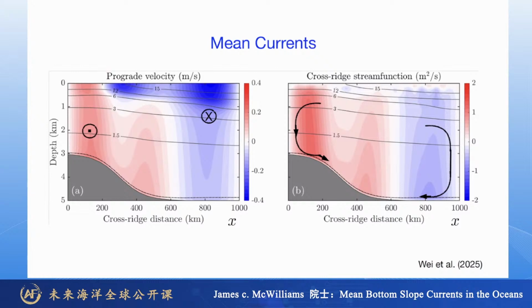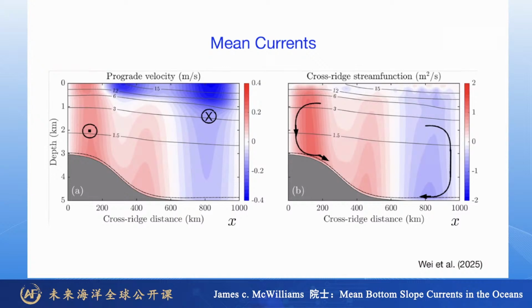And what you see is bottom intensified prograde flow over the topographic slope with a compensating reverse flow over the flat part of the far field. Because of the random forcing, there is integral momentum conservation, and so there have to be both positive and negative mean flows, but the eddy-driven flow over the topography is topostrophic.